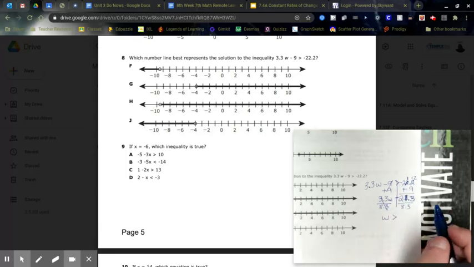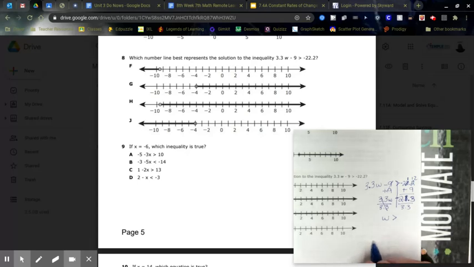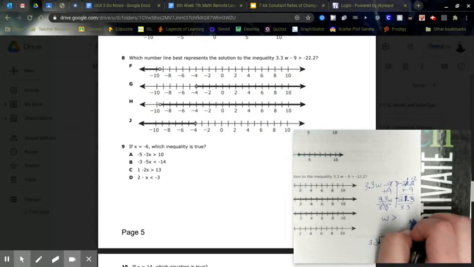And then let's see what happens. 3.3 goes into 21.3. So I've got to move the decimal over. So that's going to be 33. That's going to be 213. Okay, so 33.